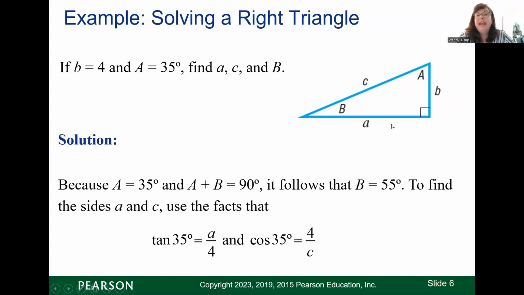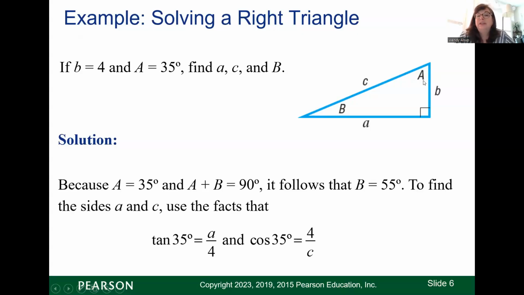Now, for a and c, we know b is 4, and we know angle B is 55. You can use the tangent or the cotangent or the cosine or the sine, really. You have a lot of options. They use tangent of 35 degrees. That's the A value.